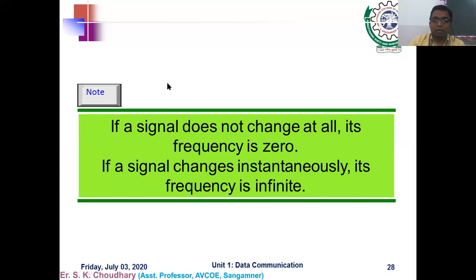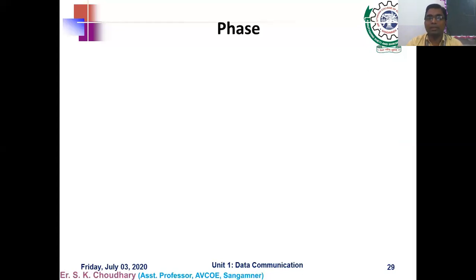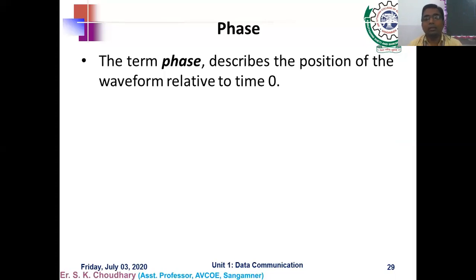Okay. Now the next term is phase. We have learned about amplitude, frequency and time period. Another characteristic of a signal is called phase. So what is phase? The term phase describes the position of the waveform relative to time 0. From the 0th time, whatever the position of your waveform is, that represents the phase of that waveform.